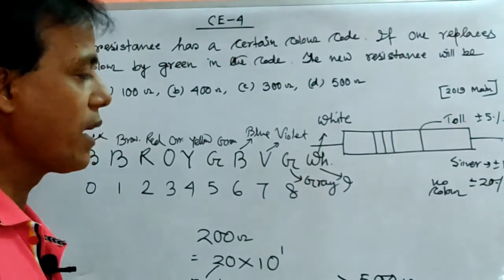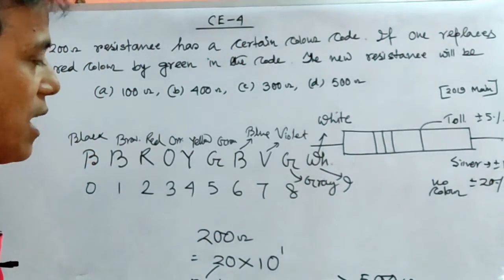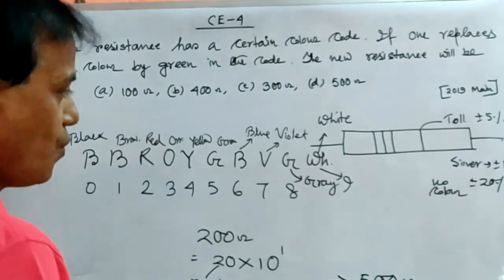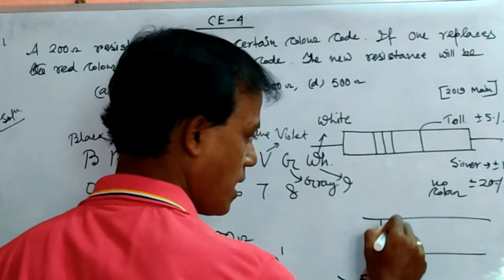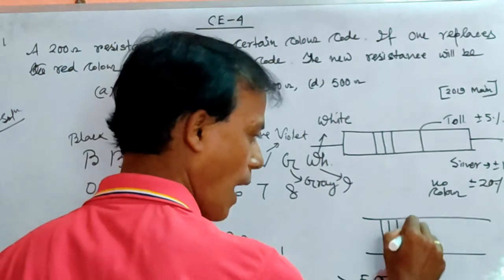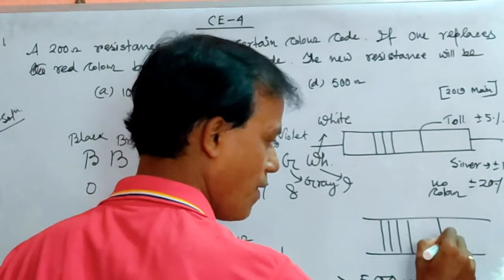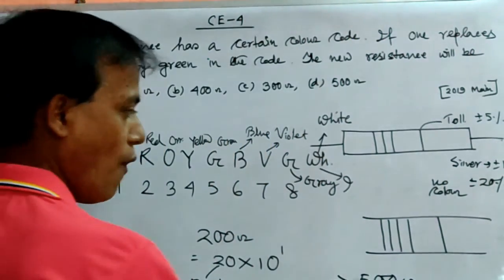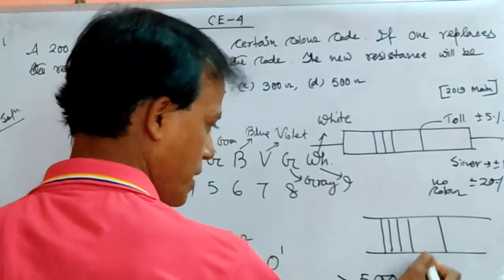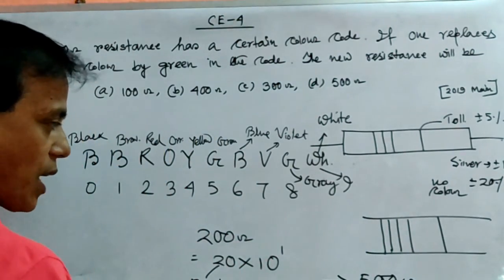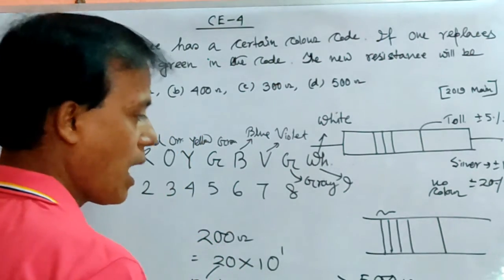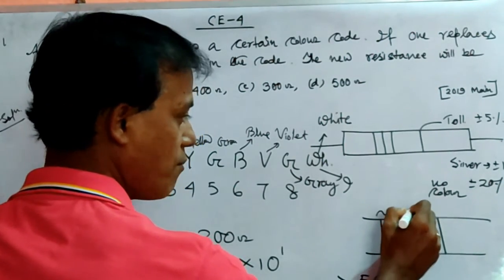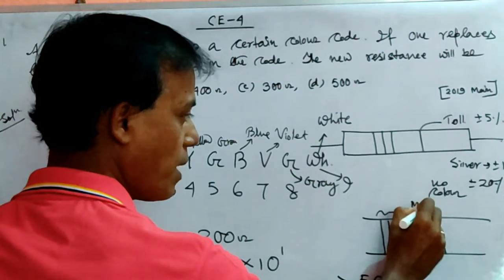Now there are also resistances which have 4 colors, and a fifth color for tolerance. For those types of resistance, the first three become the number and the fourth becomes the multiplier.